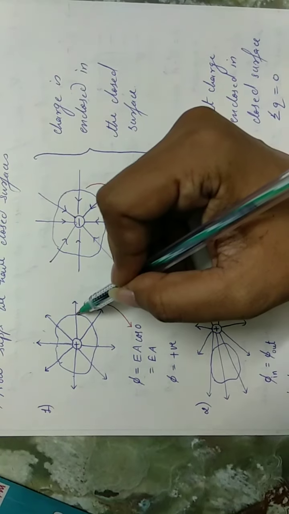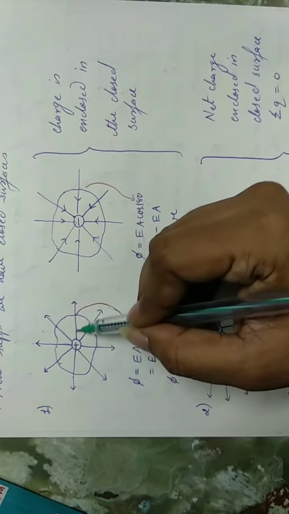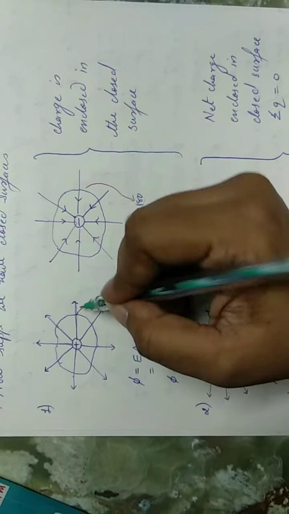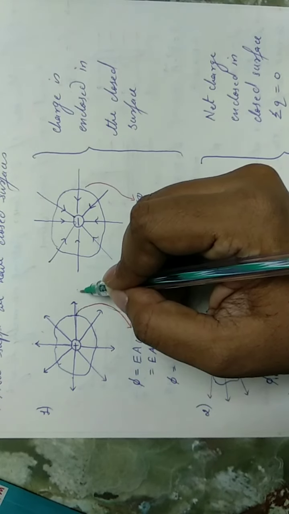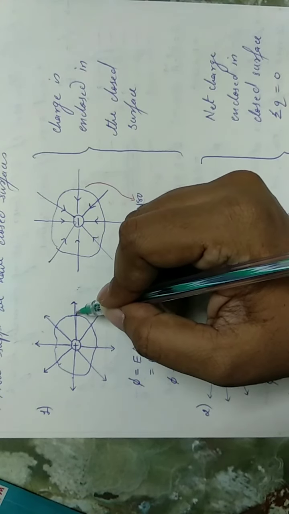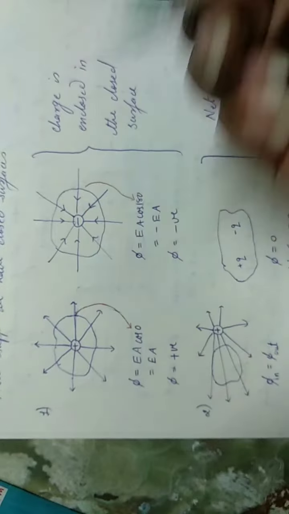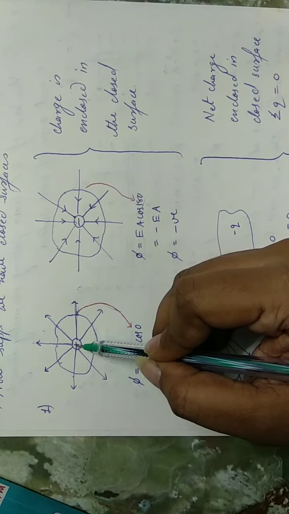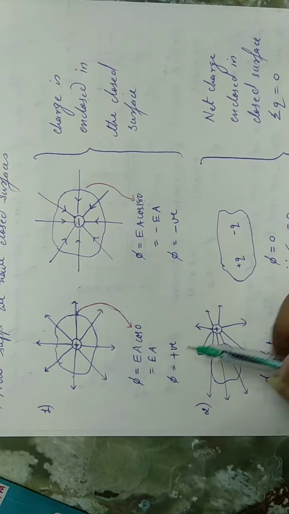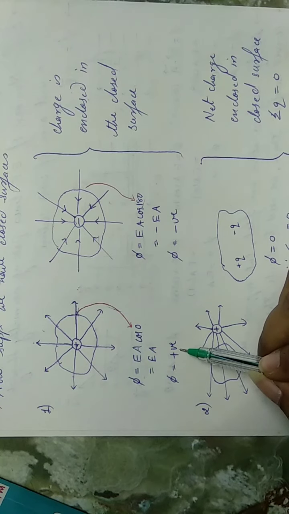Here I have calculated only for this region. This is the direction of electric field, and the area vector for this surface is also going to be in the same direction. So the value of theta is going to be 0 for this portion. But remember in short that if we have a closed surface, and a positive charge is enclosed within it, then the flux is going to be positive.